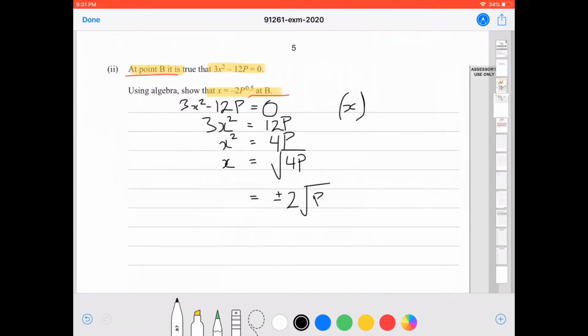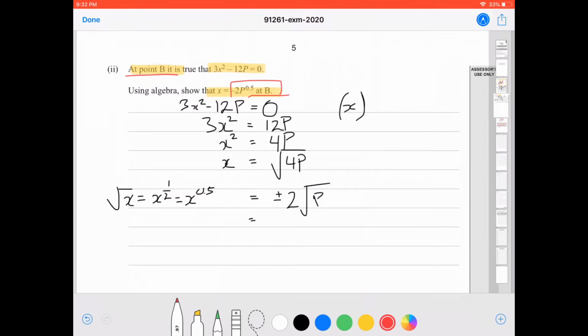Okay. And knowing our indices rules, if we have root of x, that can also be written as x to the power of a half, which also equals x to the power of 0.5. And that's what they're getting at in our question here with the minus 2p to the power of 0.5.